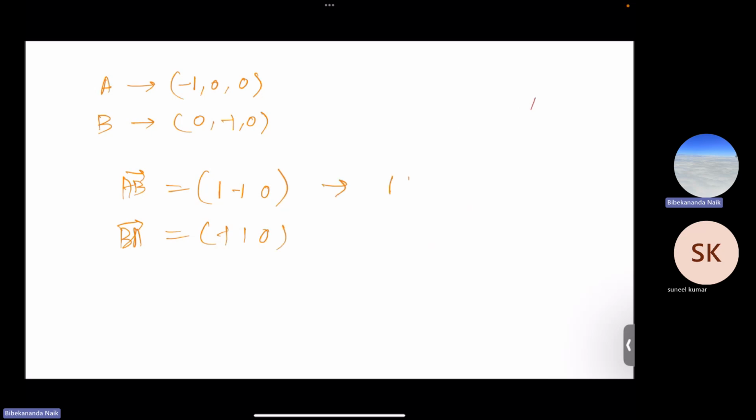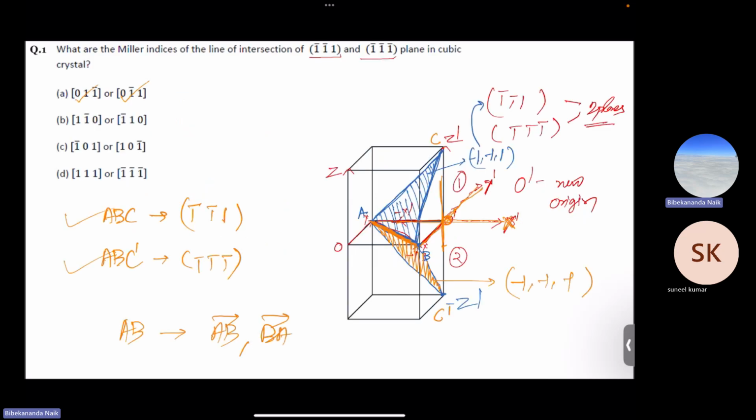So we can write it as 1, 1 bar, 0 or 1 bar, 1, 0. So this is the correct answer, and the option is option B: 1, -1, 0 or -1, 1, 0.